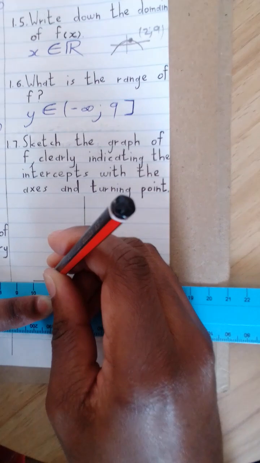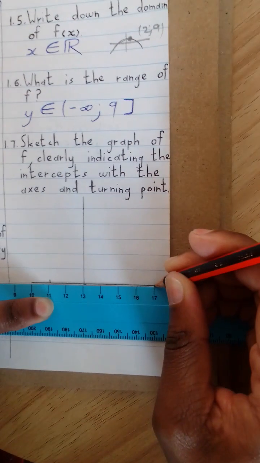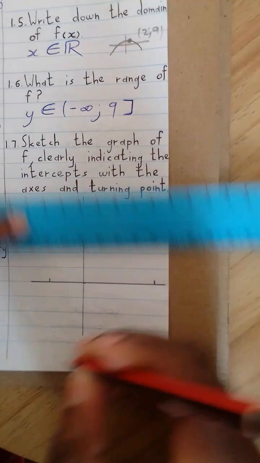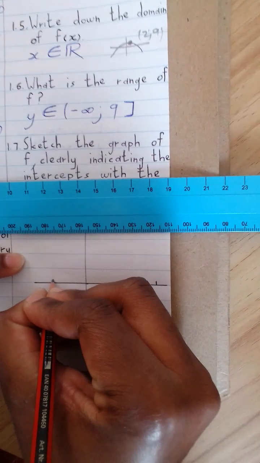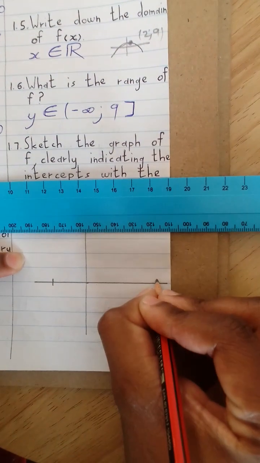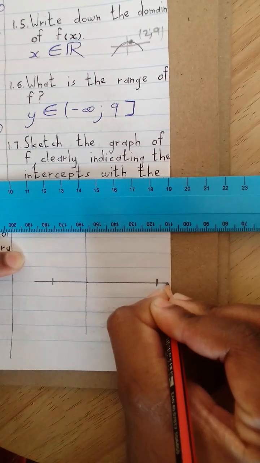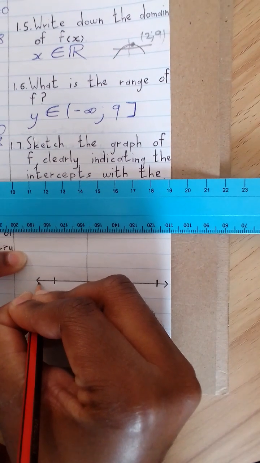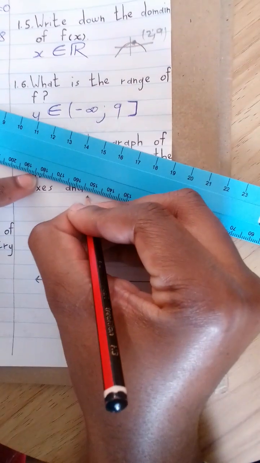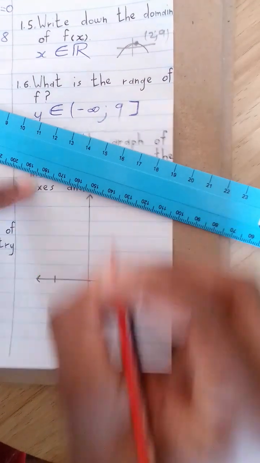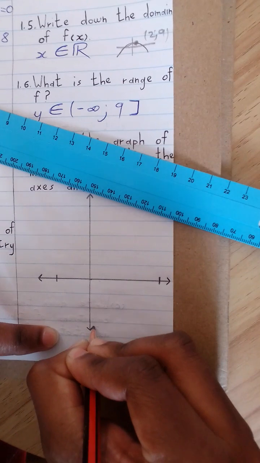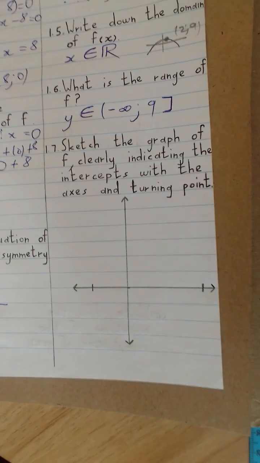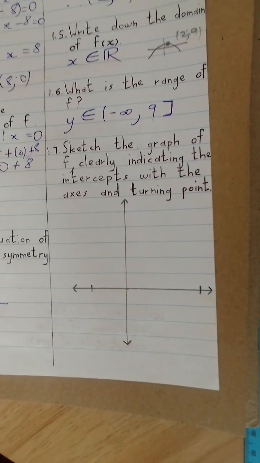So here's negative 4, here's 8. And then the y-intercept is at 8.